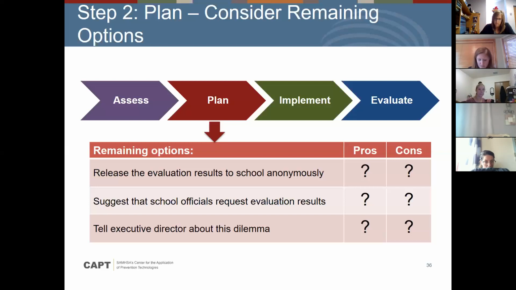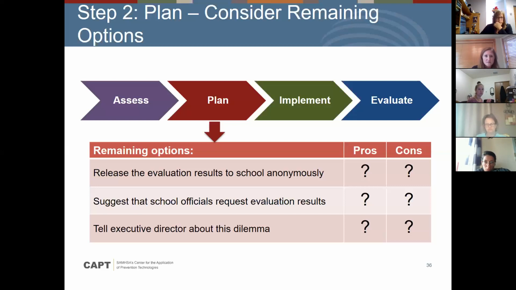So leaking the results seems to conflict with Ty's personal values. As reflected in the case example, he values honesty. It could damage his professional reputation as trustworthy if people at his agency or school officials find out that he leaked this information rather than approaching the problem openly and honestly, which would probably be found out because his boss does know.